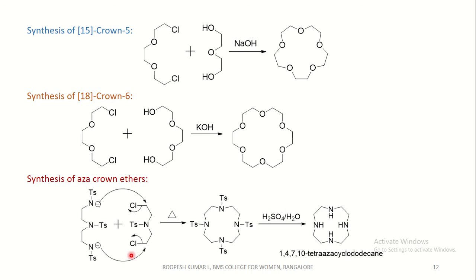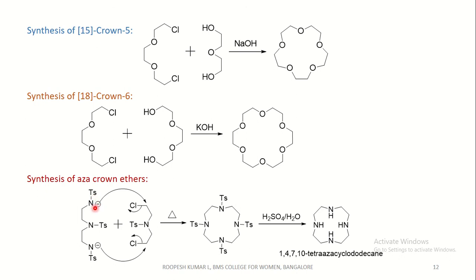And coming to the next one, synthesis of aza crown ethers. The name itself indicates there is a nitrogen heteroatom, and you can see this is a nitrogen protected using the tosyl group.